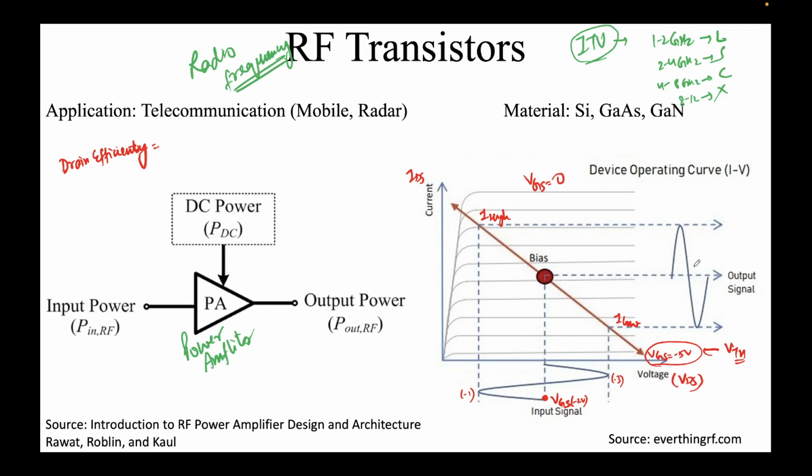Same thing we are doing here. How to select the load is a separate thing, but what I'm saying is that this current is being supplied to a load, and there you will get the V output. Essentially I square R is your output power. That's the output power I'm talking about.